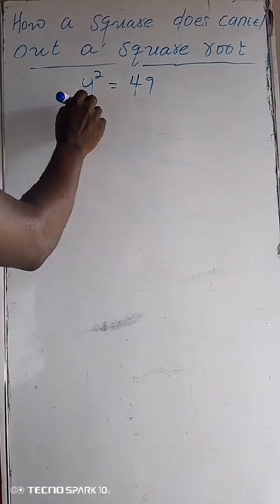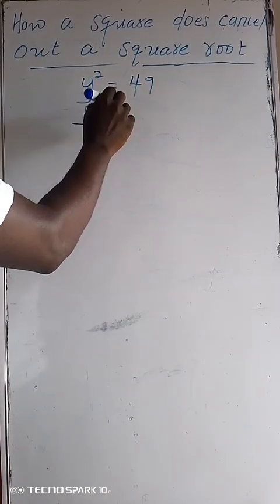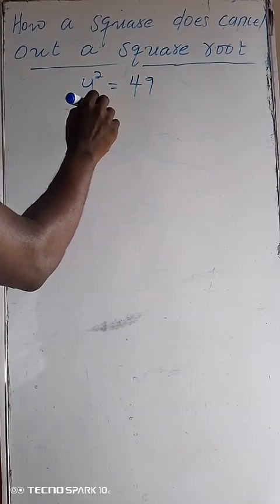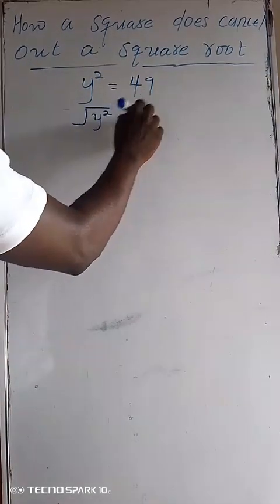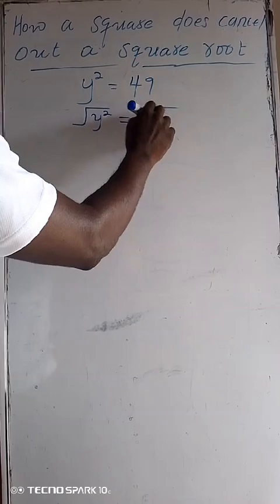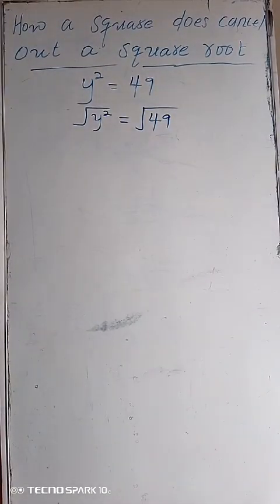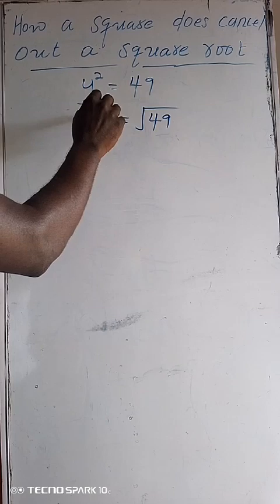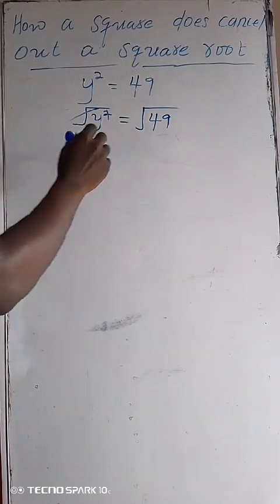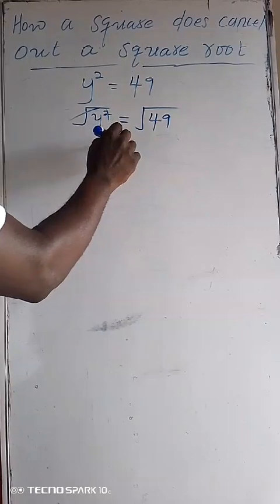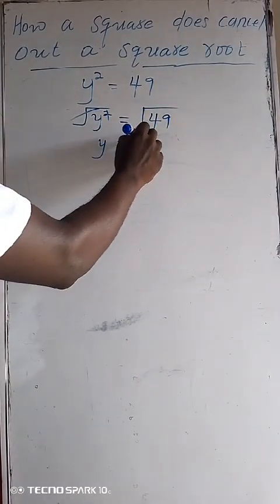You see that we are having the square root of y square is equal to the square root of 49. At the end of the day, you see we use the square to cancel out the square root, and we are having y is equal to the square root of 49, which will give us 7.